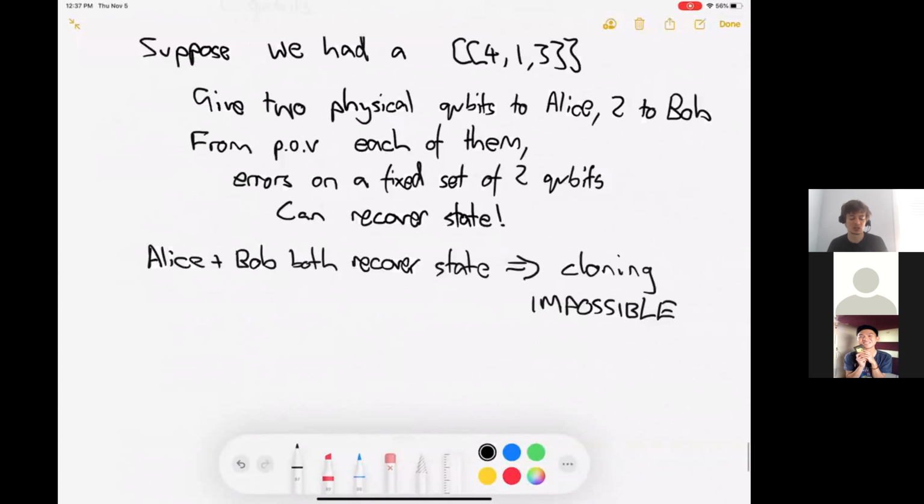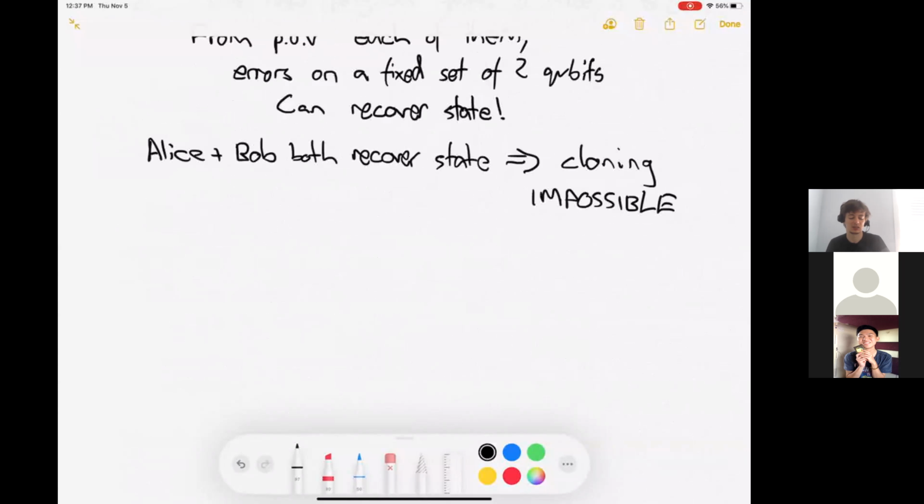Paulis can do 3 things. Let's say M acting on psi tilde equals either just psi tilde. Okay, in that case, it's not done anything at all.